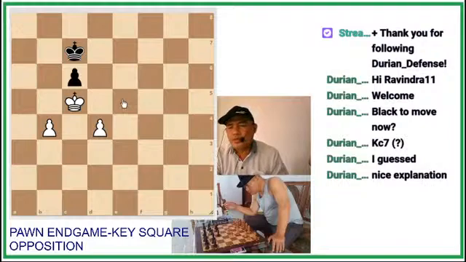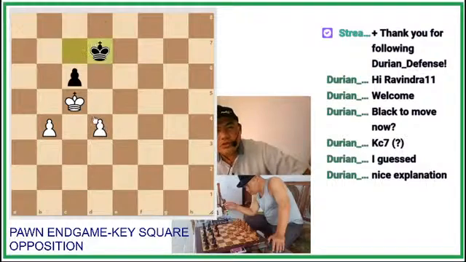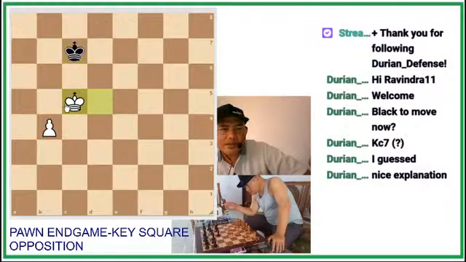We know that the key square has a relation with opposition. The opposition is just trying to get even. Here is a different case from before: when the pawn is here, the key square is here, but in this position the key square is here.